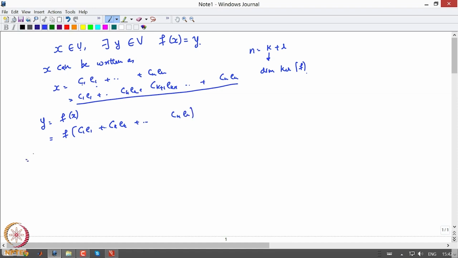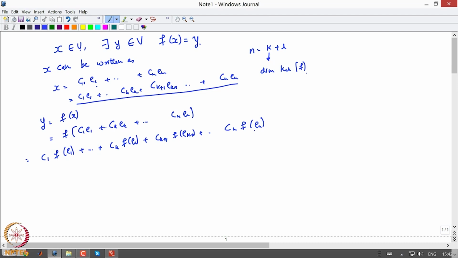Since this is a linear transformation, I can write, similar to what we did yesterday in change of basis, C1 f of E1 plus Ck f of Ek plus Ck plus 1 f of Ek plus 1 plus Cn f of En.